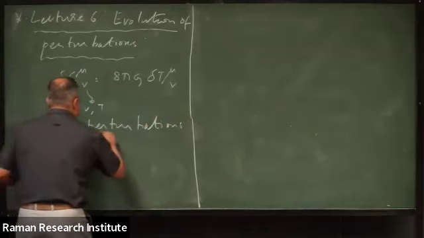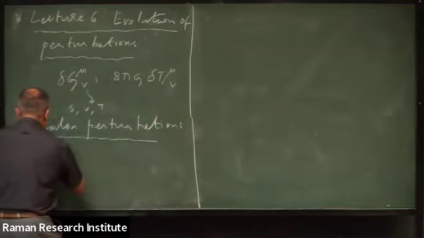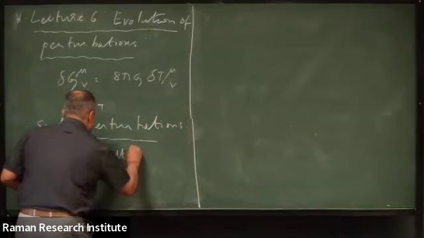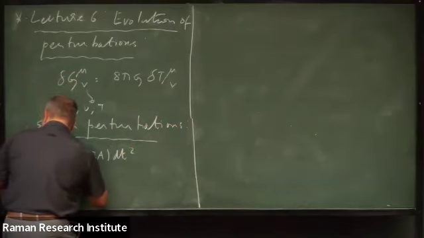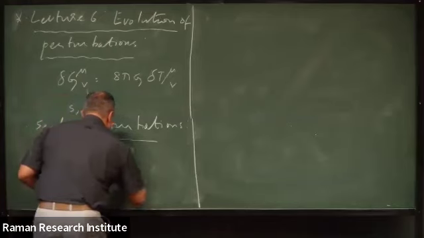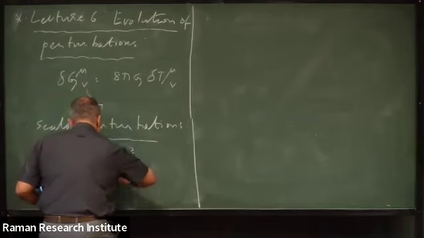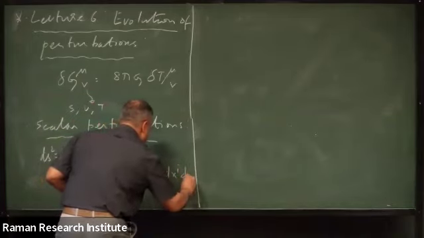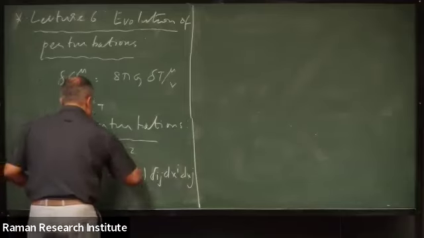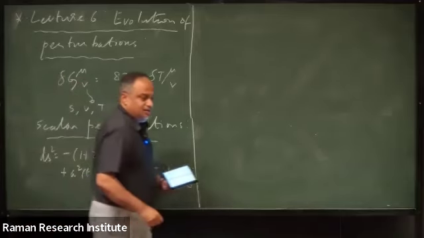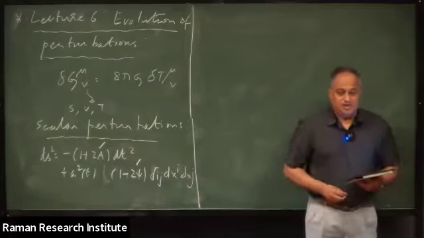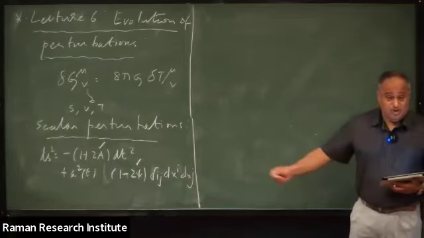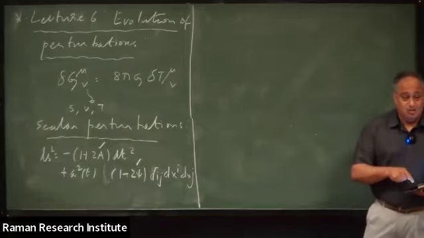And the metric was of the following form: ds squared is equal to (1 plus 2A) dt squared plus a squared of t, (1 minus 2 psi) delta ij dxi dxj. This quantity A and psi are the 2 scalar perturbations we have introduced. And they are inhomogeneous. That is, they depend on both space and time.